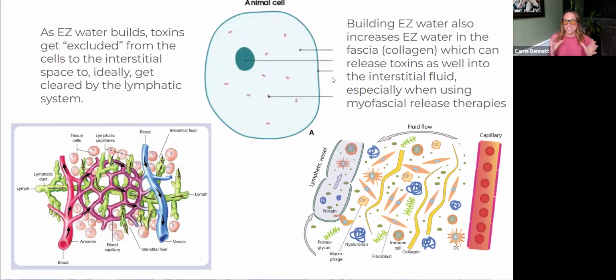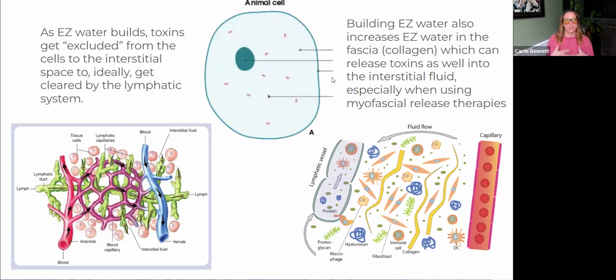And so, in addition, exclusion zone water is designed to line the lymphatic vessels and line the blood vessels. And when the vessels themselves have adequate exclusion zone water lining them, there's improved flow through these vessels. I mean, have you ever wondered why the lymphatic system doesn't have a pump? Well, turns out that light allows the fluid to flow regardless of a pumping mechanism.